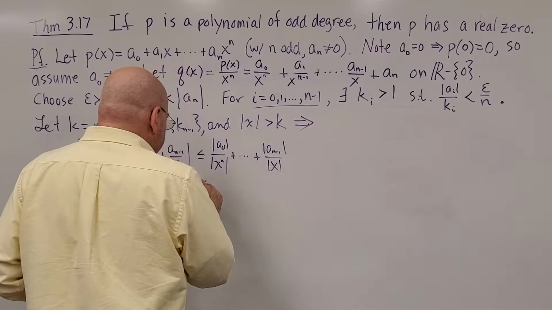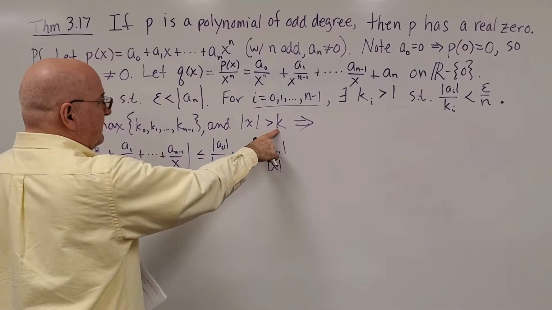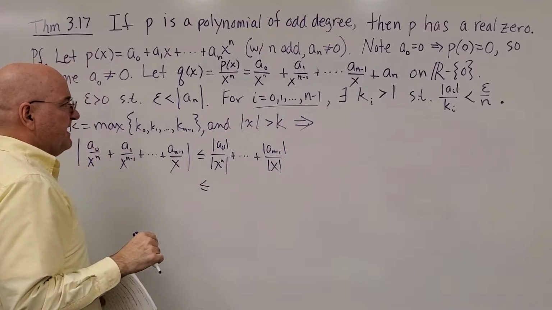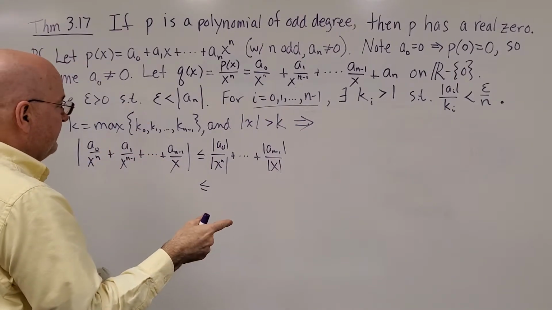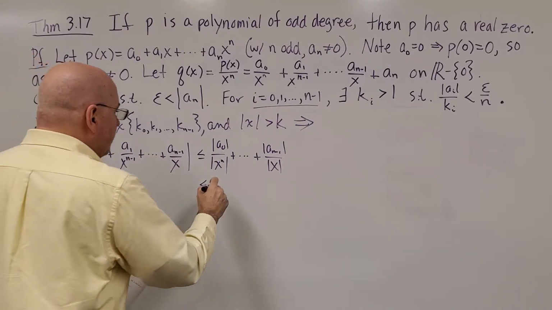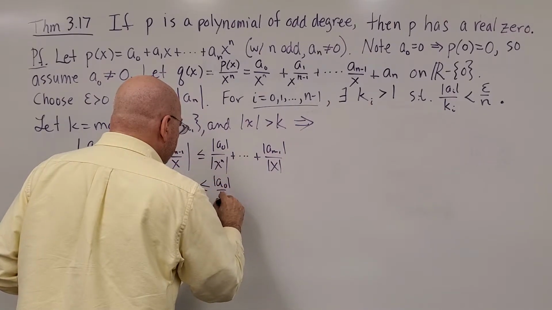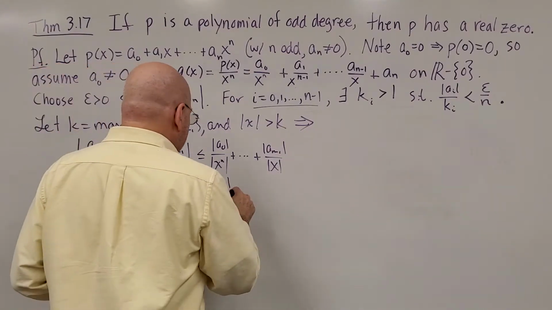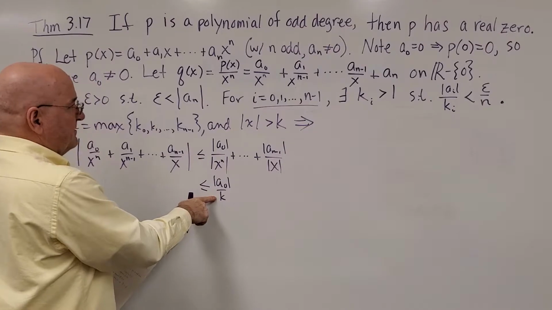And then the next thing is we're using the fact that k is a smaller number than the absolute value of x, or the absolute value of x is bigger than k. So we can replace the denominators here with k. We're increasing this because we're decreasing the denominator.